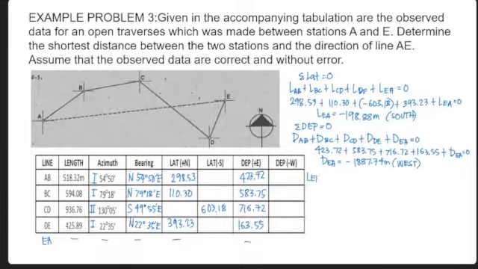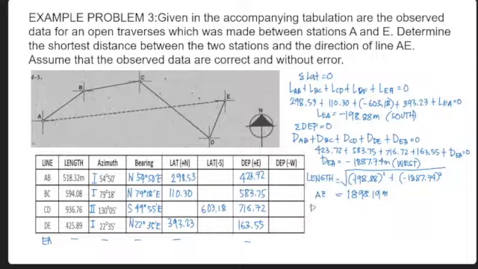So our length is, ano yung length natin? So 1898.19 meters. Length ni AE or EA.